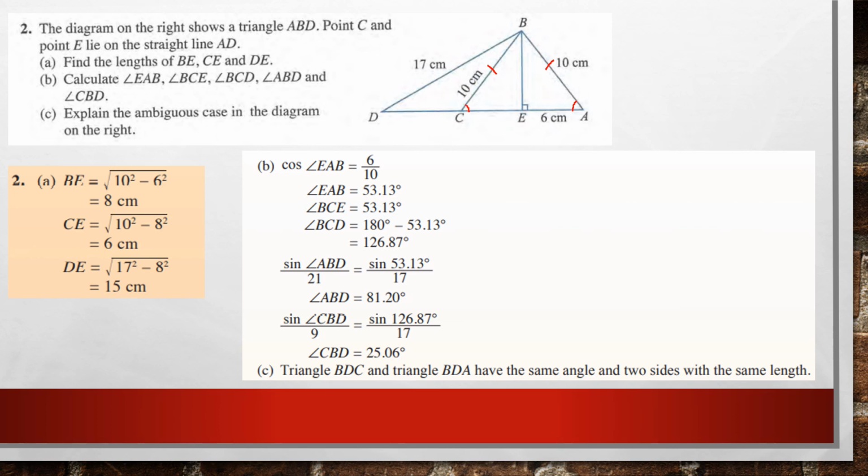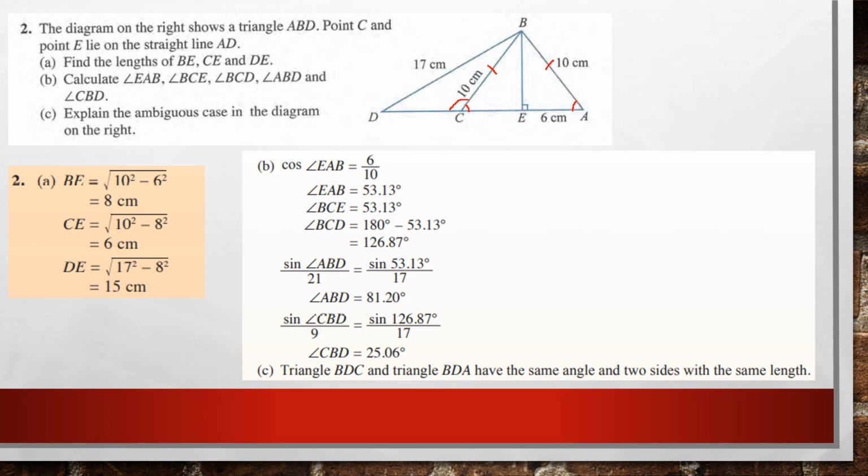That's why we get BCE also 53.13. Next, the angle BCD. BCD is just 180 minus the angle C, 53.13. So we get angle BCD equals 126.87.